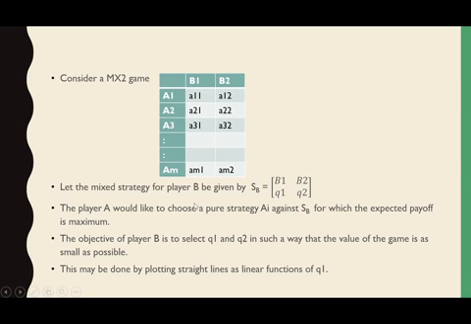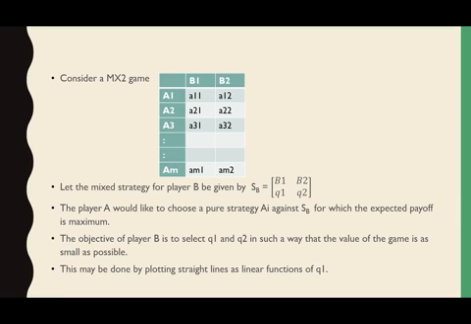But player A has a choice. The player A would like to choose a pure strategy Ai against SB, for which the expected payoff is maximum. He will be trying to maximize his chance of victory. The objective of player B is to select Q1 and Q2 in such a way that the value of the game is as small as possible.